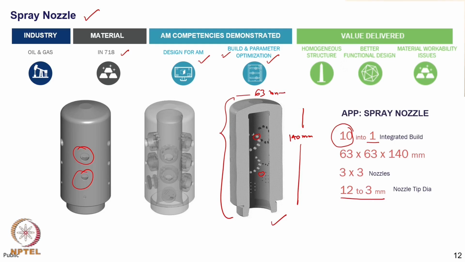We have better functional design because wherever the complicated geometries were supposed to be printed, that was possible using AM, and also the material workability issues were not there, since additive manufacturing process has a good control on the complicated designs and geometries involved in the component.